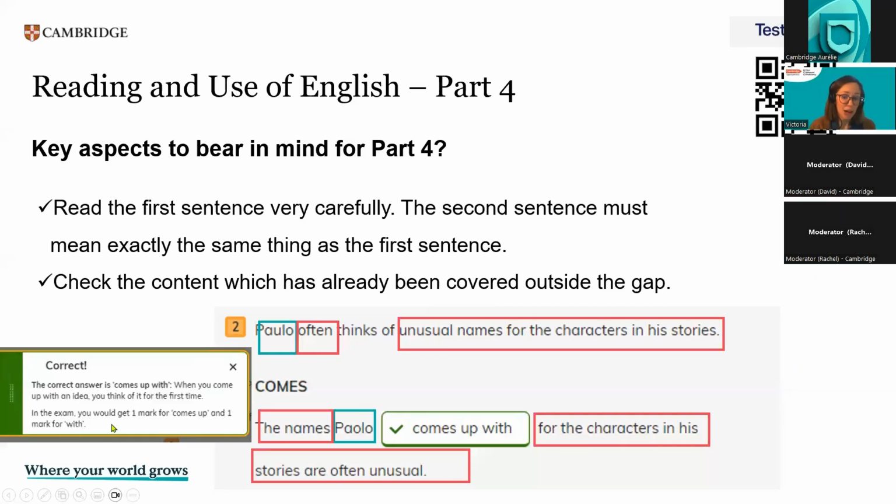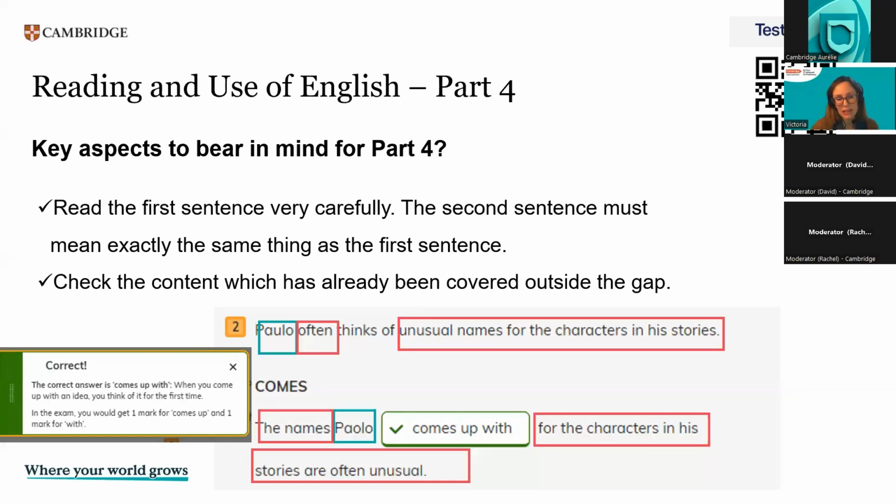So indeed, "comes up with" is the correct option. And as you may know, in this part of the exam, you can get up to 2 marks per correct answer. And we say up to 2 because the answer is kind of divided into 2 units.